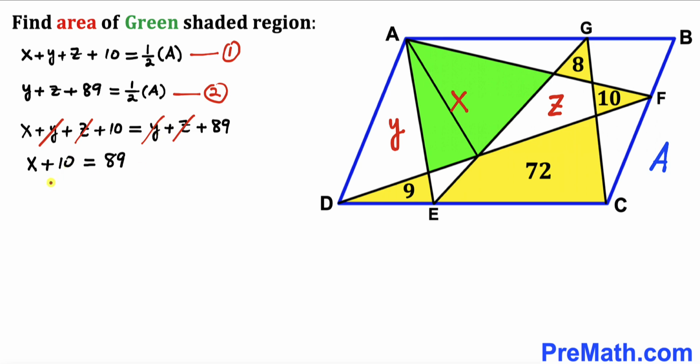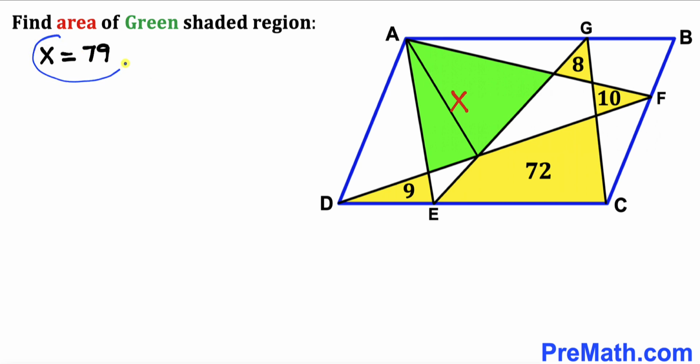And now we are going to subtract 10 from both sides to isolate X. And here we can see this 10 and negative 10 are gone. So therefore our X value simply turns out to be 79. So thus our X value turns out to be 79. And we can see that this X represents the green shaded region area.